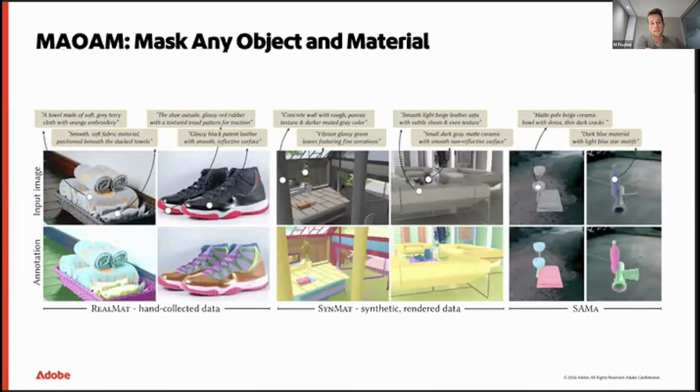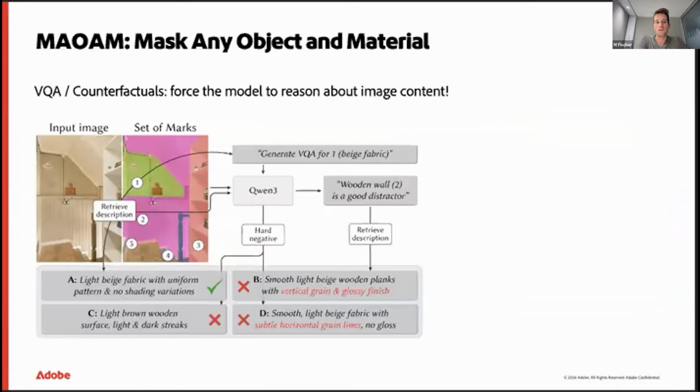So now we have this data set. Another thing that we figured out to make it work even better and to force the VLM to reason about materials is counterfactual learning. So if you give it a VQA task, you give it 3 wrong answers and 1 right. But the wrong answers aren't just wrong, they're subtly wrong.